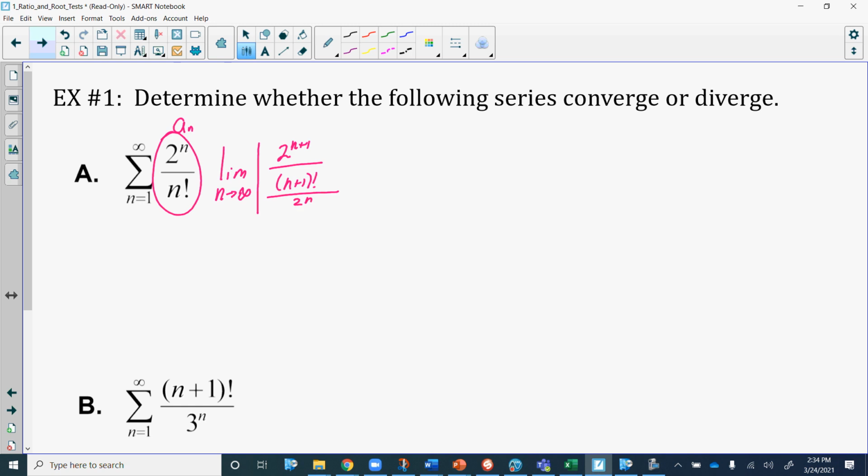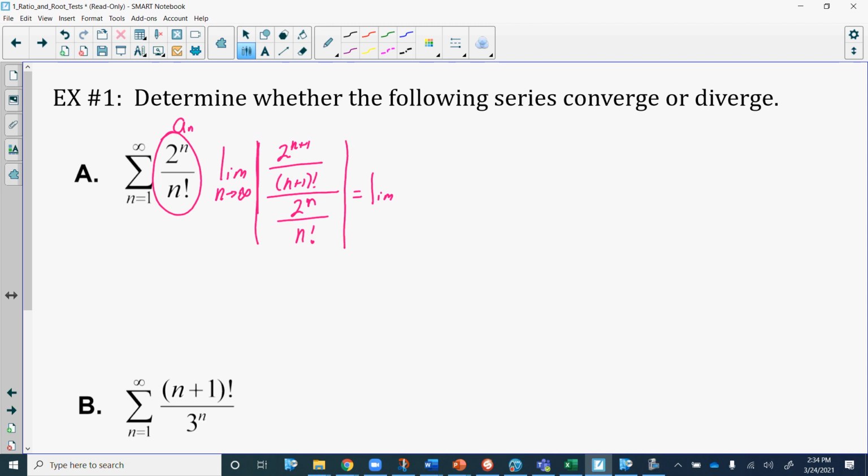So I have 2 to the n power over n factorial. So let's get our absolute values going all the way down. When we divide with a fraction, we're really multiplying by its reciprocal. That's usually where I just start the problem.